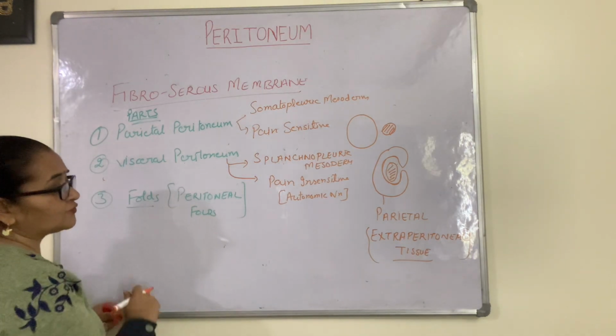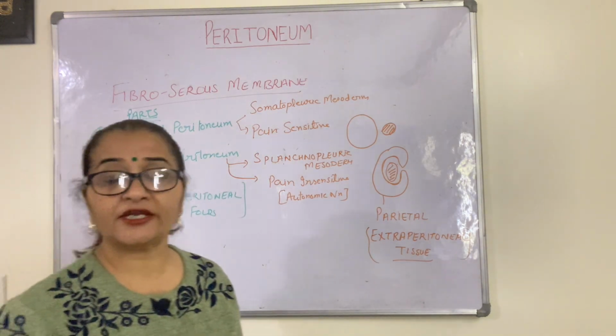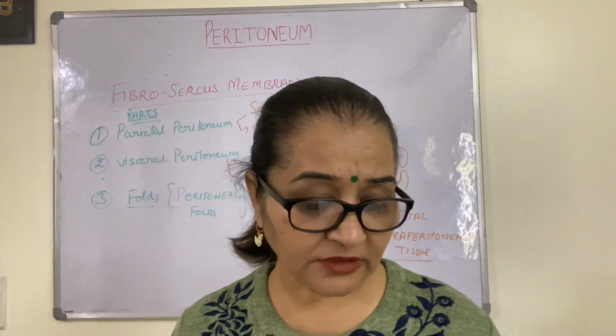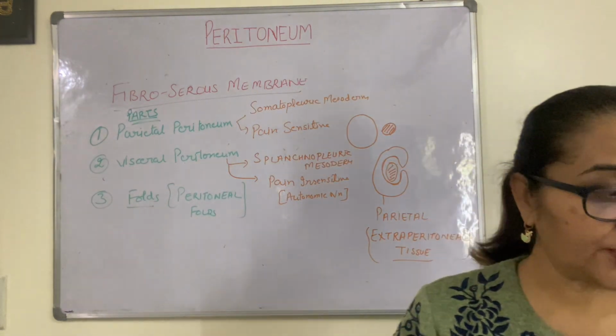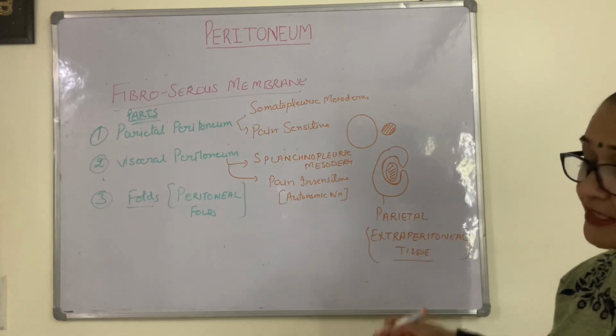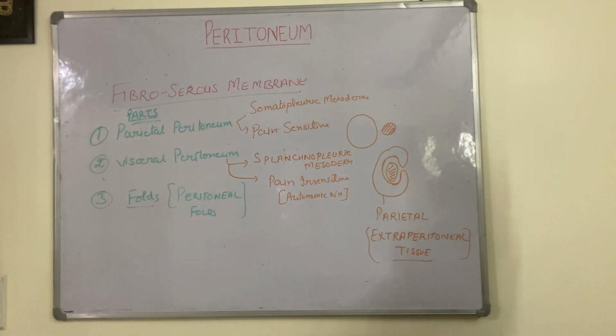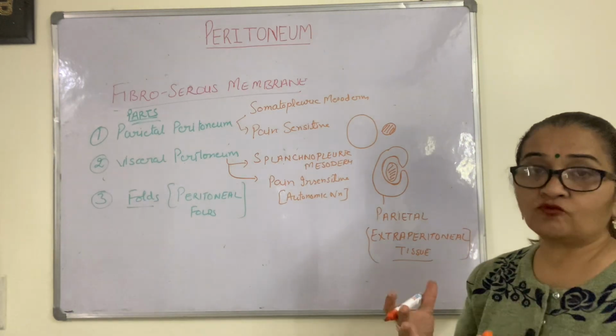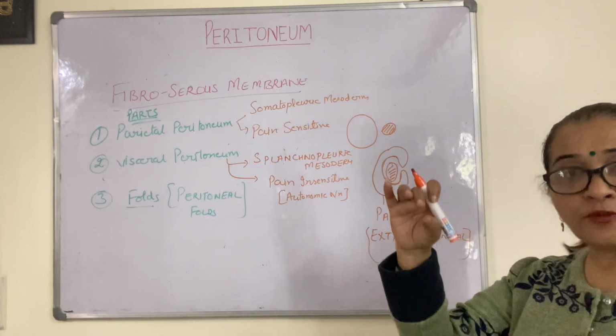Now coming to the various peritoneal folds. Once the various viscera invaginate into the peritoneum, so what is happening? It is hanging from the posterior abdominal wall by a double fold of peritoneum.